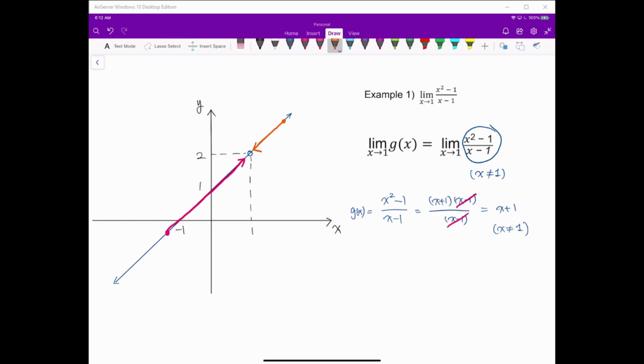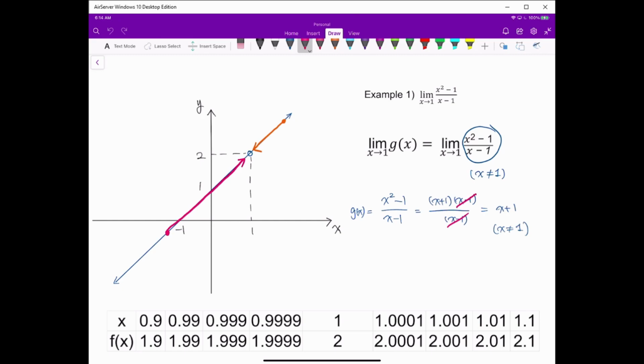You can choose a random point from either the left or right side of x equals 1, and no matter which point you pick, the y value gets closer and closer to 2, and they both have a limit of g(x) values of 2.